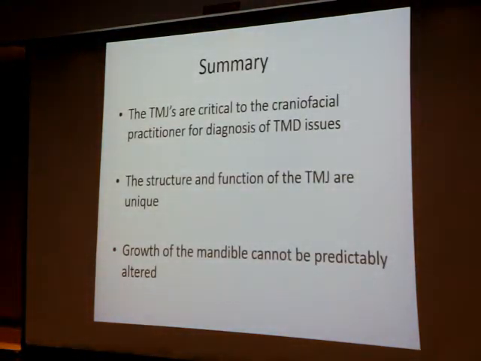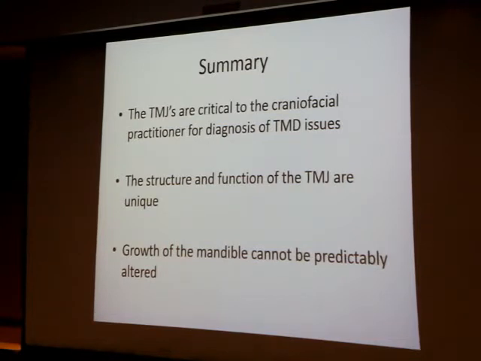In summary, the couple of things that I really want to highlight for you guys as far as the joint and the condyle specifically go. Anything related to the TM joint is important to you. I'm not saying that we as academics or practitioners in craniofacial work really understand everything about the joint. There are still questions that linger.